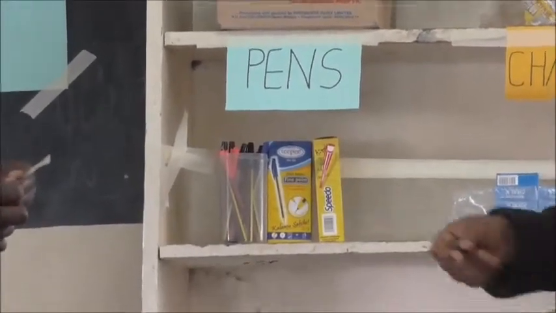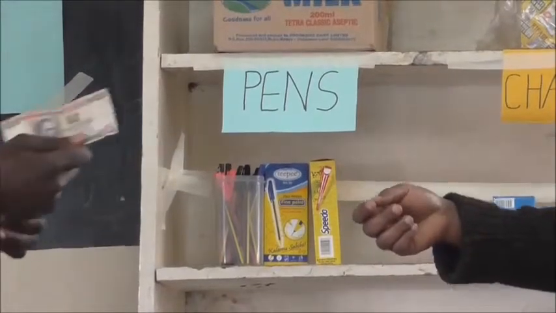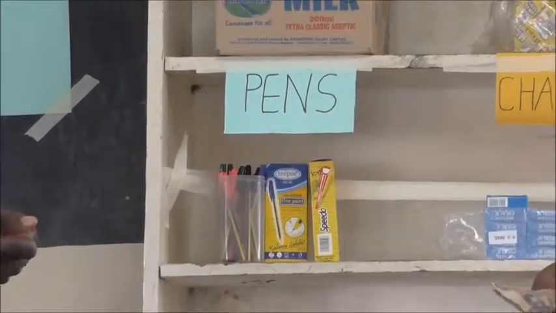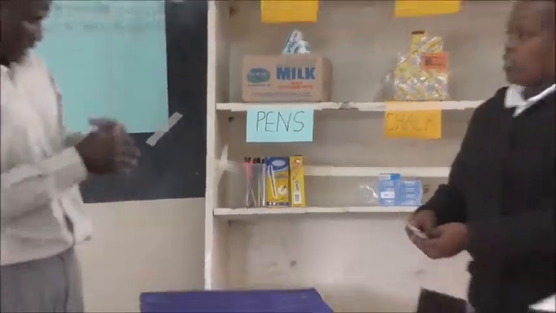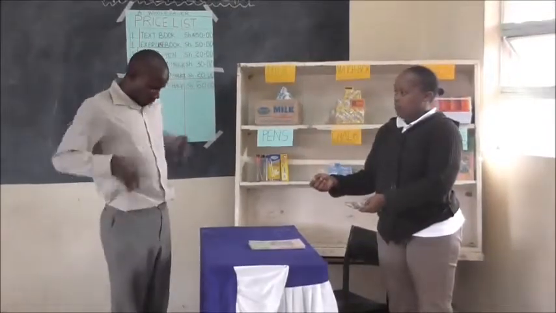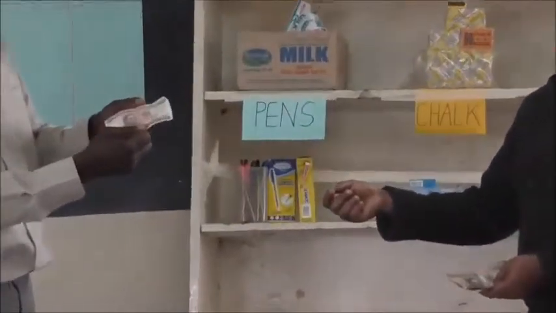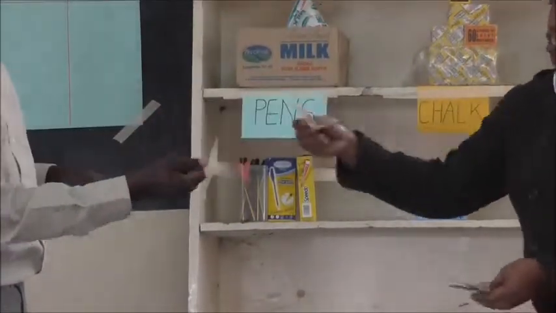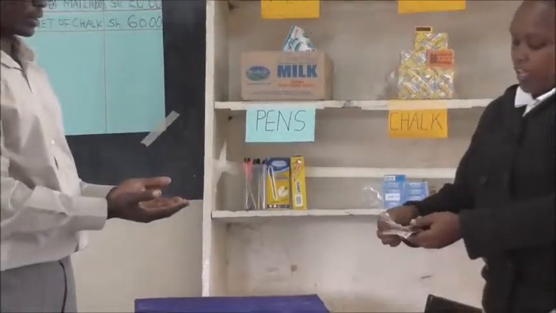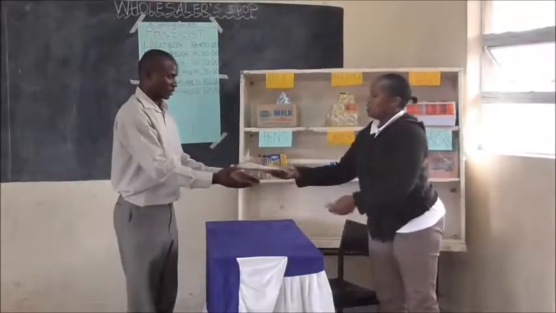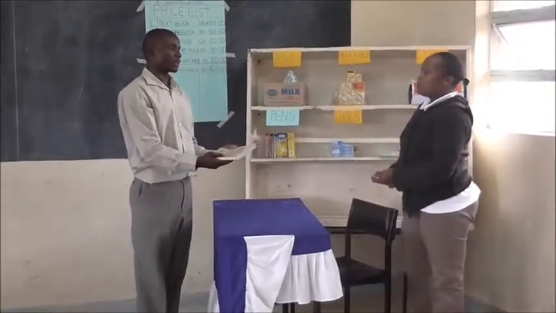Yeah, this is 300 now. Yes. How much is this? Another 100, that's 400 shillings. And we're remaining with how much? With 50 shillings. Okay. How much is this? 50 shillings. Yeah, so I have 450 shillings. I can give you the book. Thank you. Thank you very much.